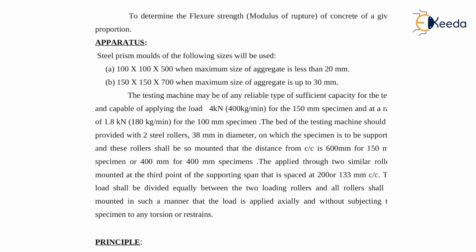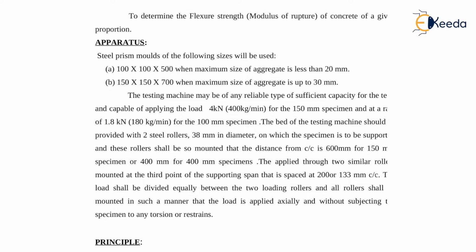The bed of the testing machine should be provided with two steel rollers 38 mm in diameter on which the specimen is to be supported, and these rollers shall be mounted so that the distance from center to center is 600 mm for the 150 mm specimen or 400 mm for the 100 mm specimen.